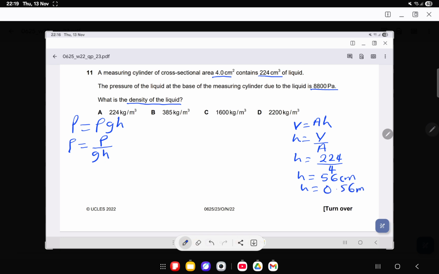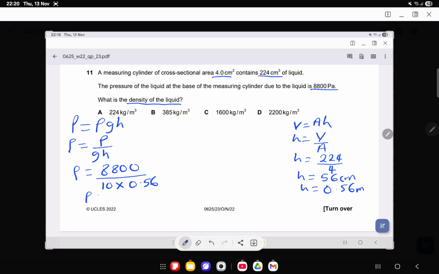So which means our height, or the depth, is now equal to 0.56 meters. So since we have the other parameters, we can slot them into our equation here. So our density is now equal to our pressure, which is 8,800, over our gravity, which is 10, times our depth, which is 0.56.